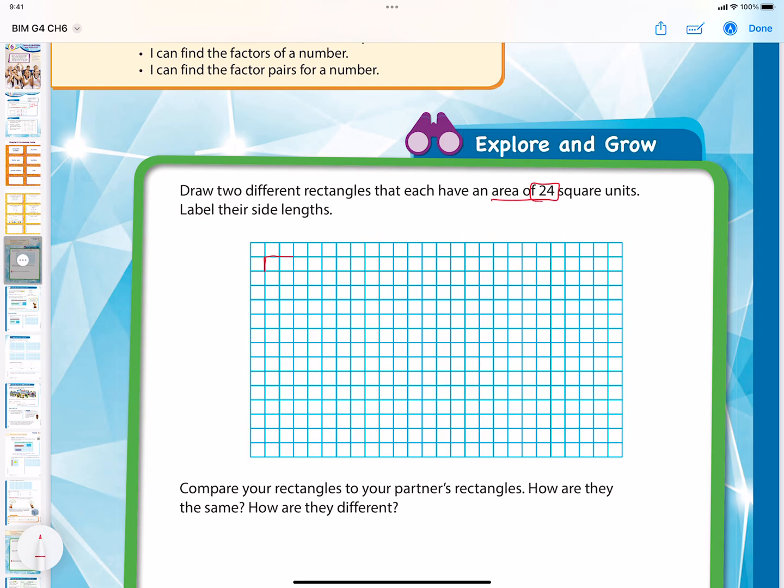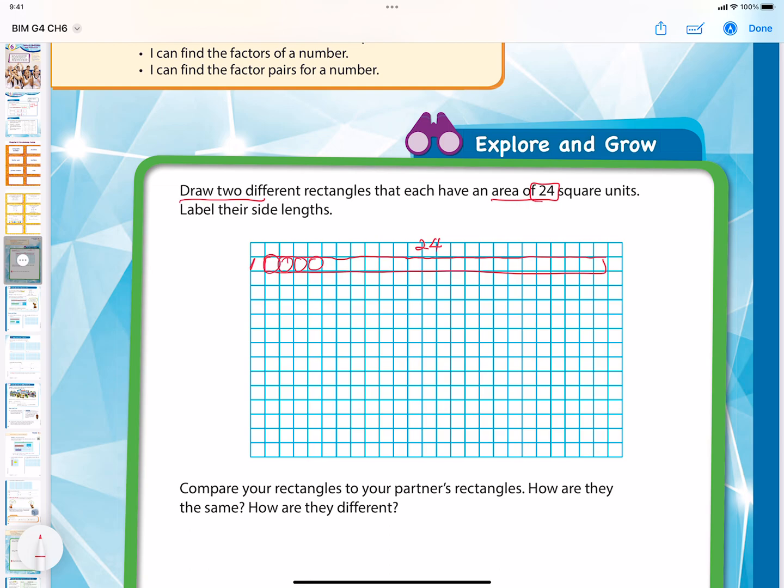I'm going to count 1, 2, 3, up to 24. Oh, it was long. So this can be one option, right? 1 times 24, and you have 24 unit squares inside. And they were asking us to draw two different ones.